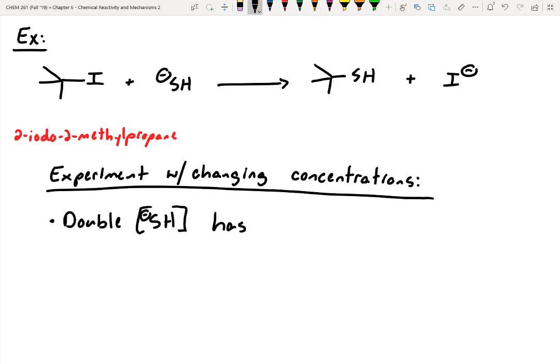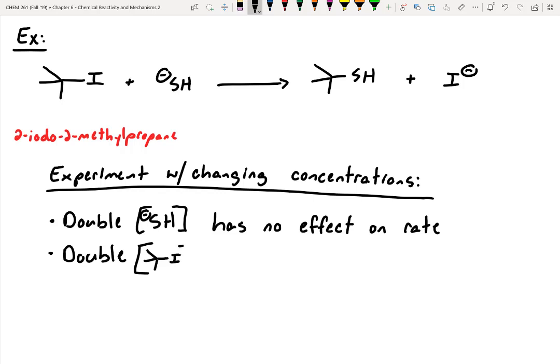However, it has no effect on rate. All right, so what I do is then I double the concentration of my other reagent. And the rate doubles.